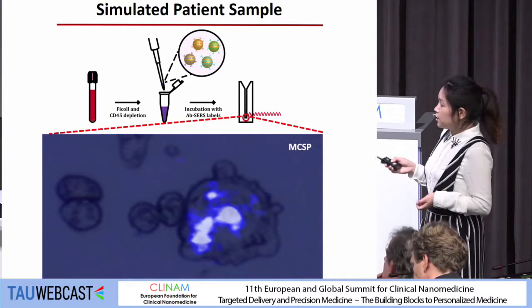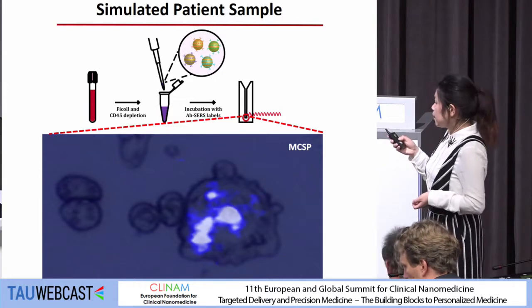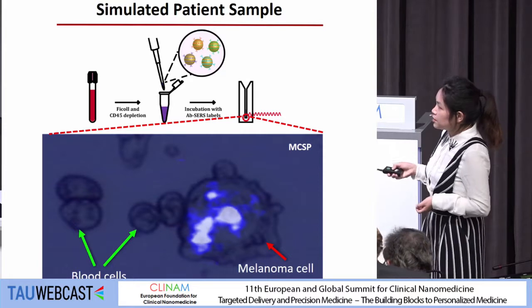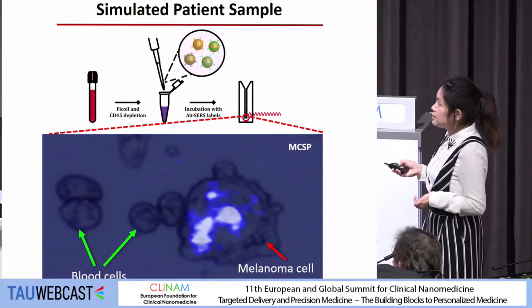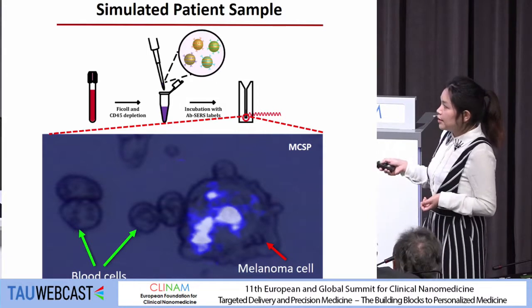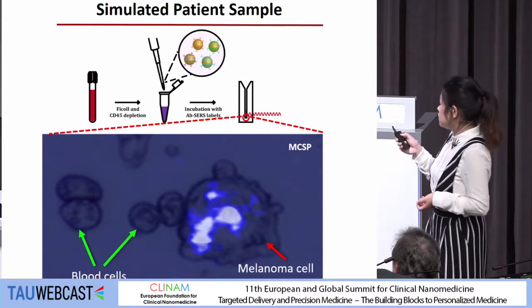This is the SERS imaging data. This is the melanoma cell, the big one. The small one is the blood cell. We can see the SERS barcode can specifically target the melanoma cell rather than the blood cells.